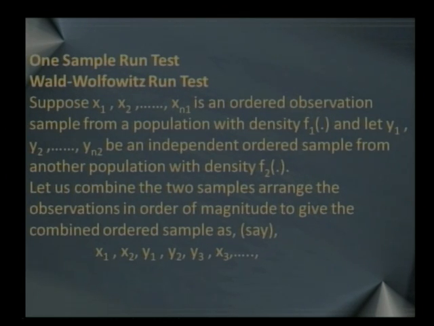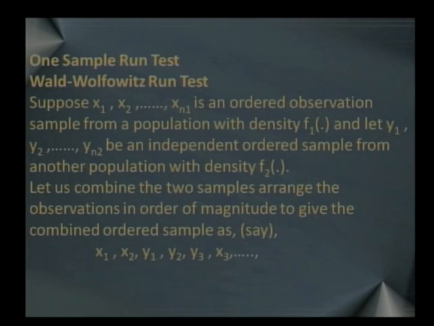Suppose x1, x2 up to xn1 is an ordered sample from a population with density function f1, and let y1, y2 up to yn2 be an independent ordered sample from another population with density function f2. So two samples have been taken.